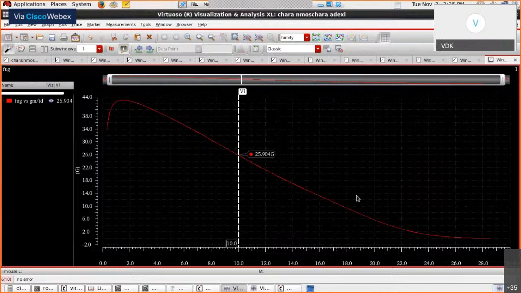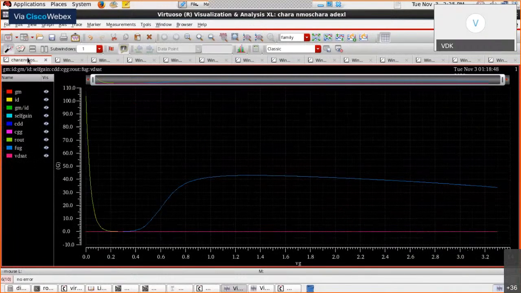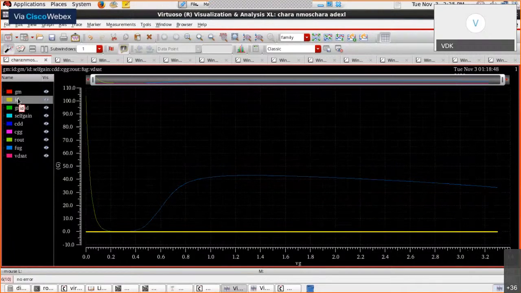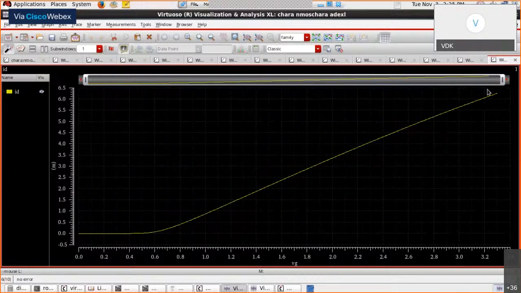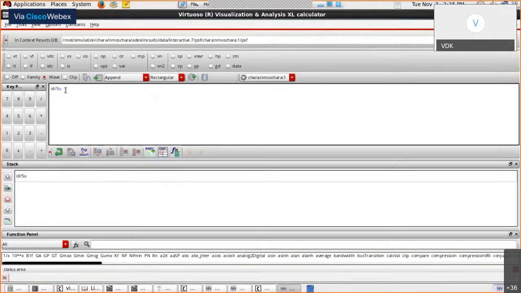So now, having done this, let us next plot the current density ID by W versus GM over ID. We have ID here. We have to use the calculator and divide this by the width of the transistor and plot that curve.